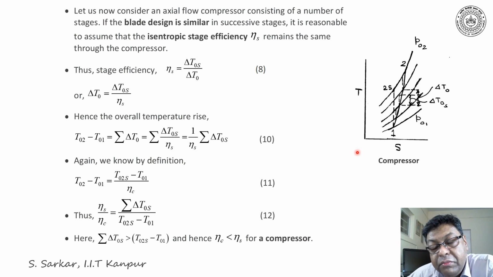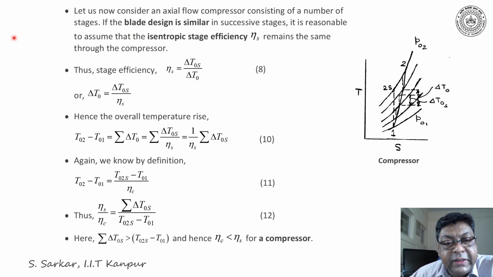Thus here, isentropic overall temperature rise is represented by 2S and 1, whereas the actual temperature rise is indicated by 1 and 2. And for any stage, the actual temperature rise is indicated by delta T0, whereas the corresponding isentropic temperature rise for that stage is indicated by delta T0S.